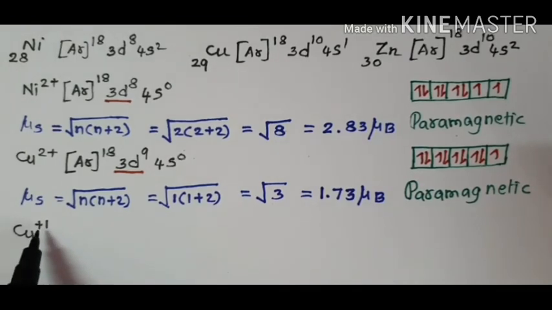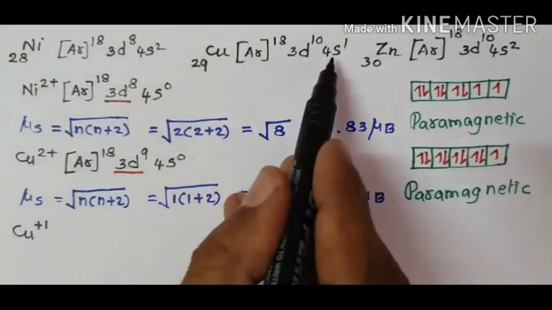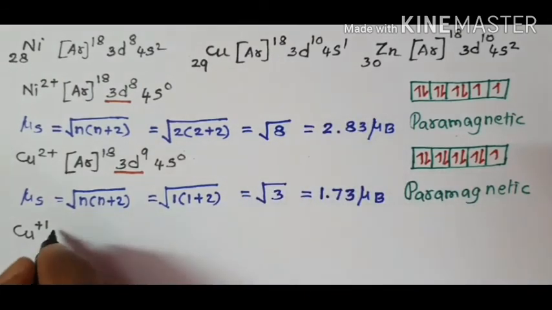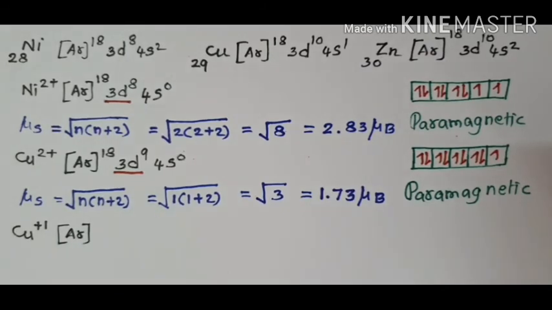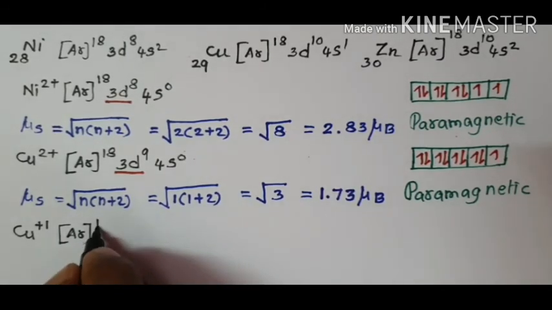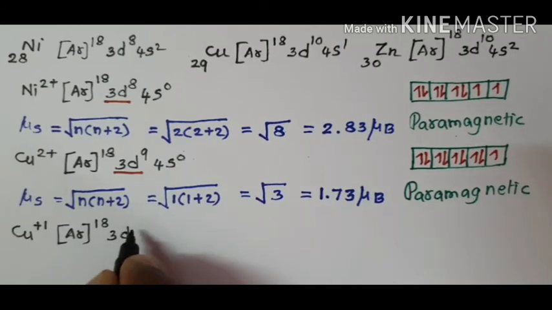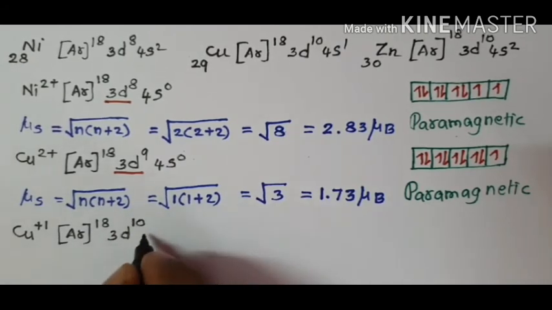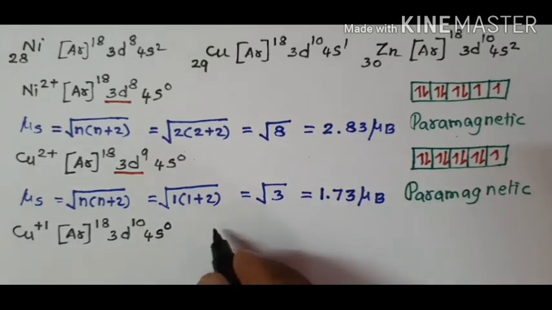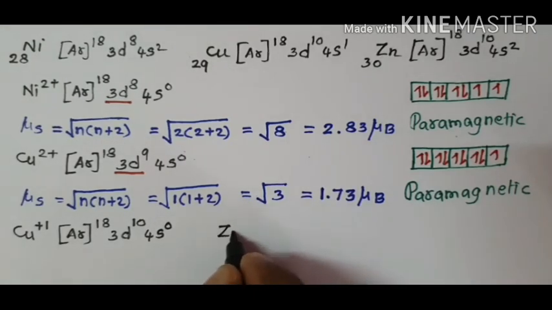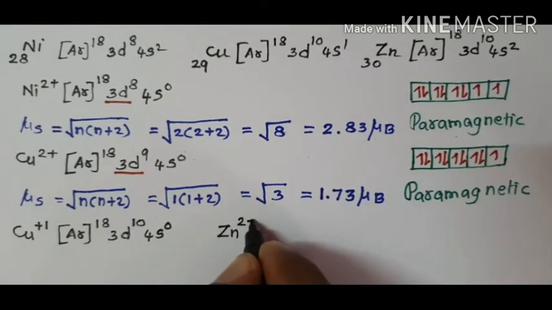Copper plus 1 indicates copper lost how many electrons? 1 electron. So after loss of one electron, the electronic configuration of copper 1 plus is argon 18, 3d10, 4s0. Zinc 2 plus ion.